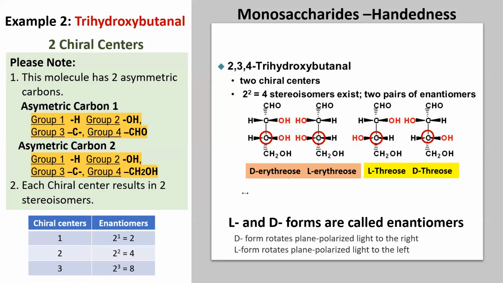So if you write the condensed formula, everything will look like C4H8O4. All of them have the exact same formula. It doesn't change. And same on this side, C4H8O4.